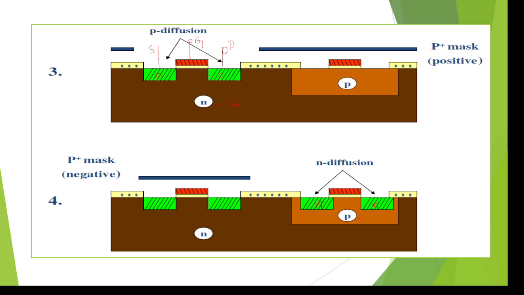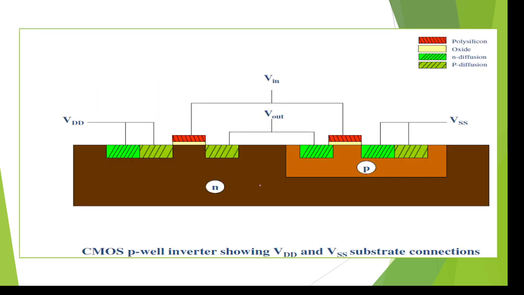This is the P-well process. At a time we have designed a left side PNP transistor and a right side NPN transistor. These two transistors can be used as an inverter circuit.